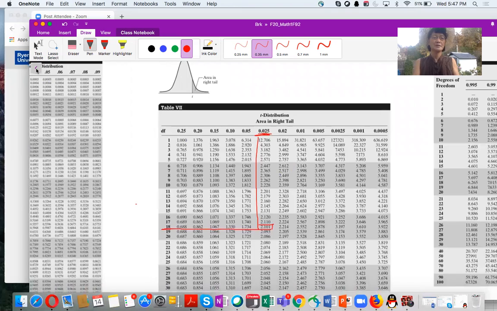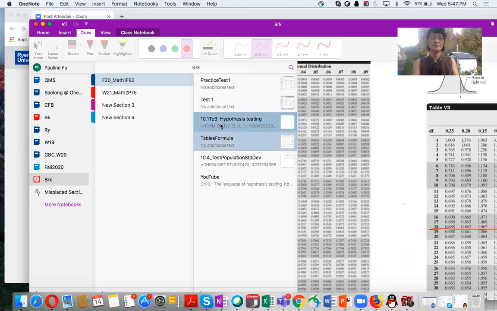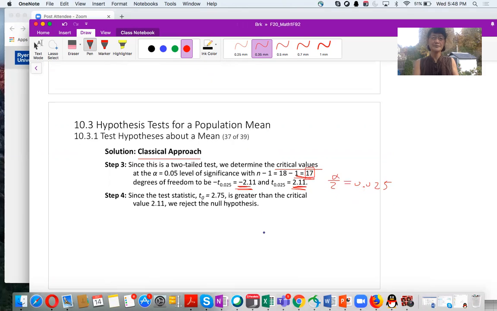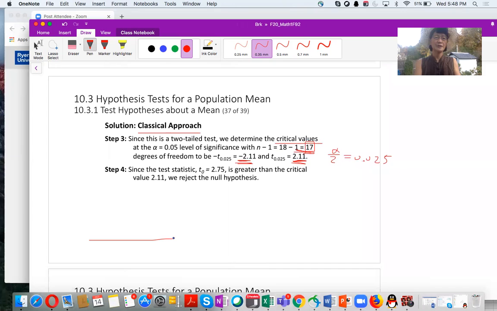So go back. We get critical value 2.11, and we know it is two-tailed. The other critical value is negative 2.11. We strongly suggest you draw a diagram, label those two critical values, 2.11 and negative 2.11, and also label the rejection region. The critical values decide the rejection region.